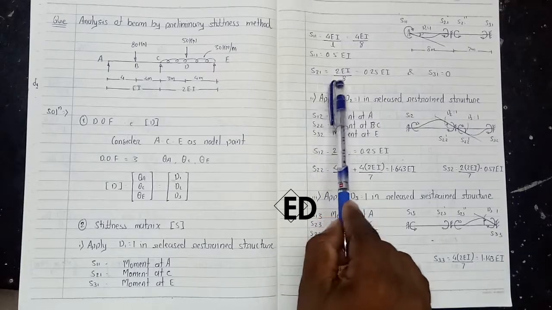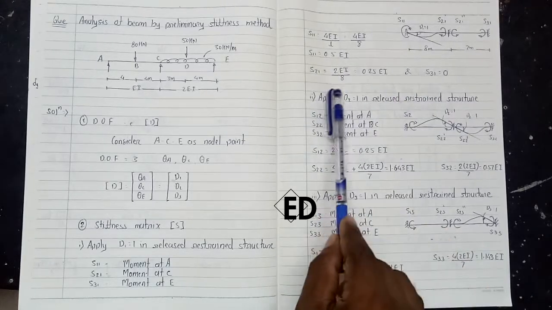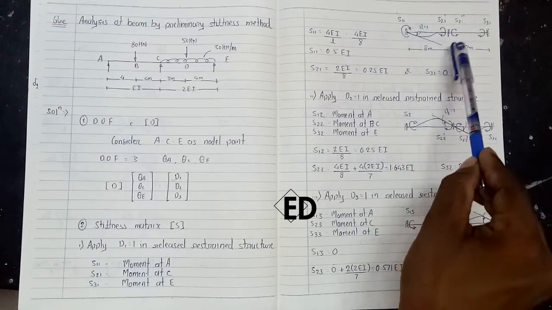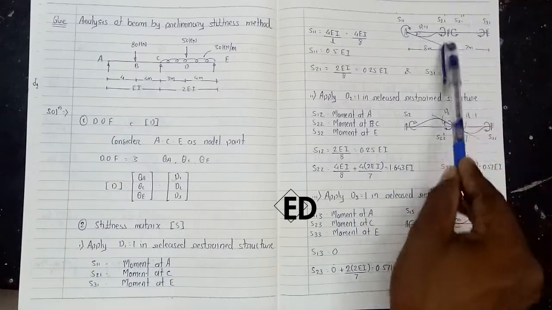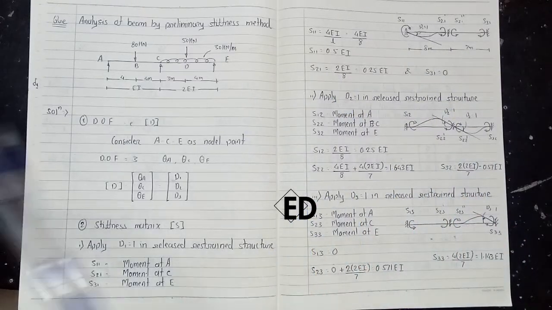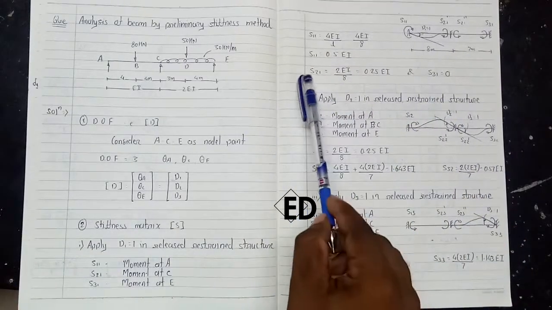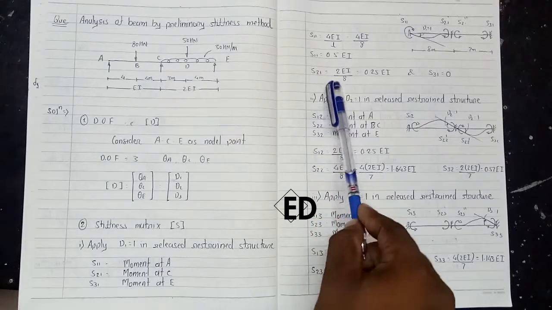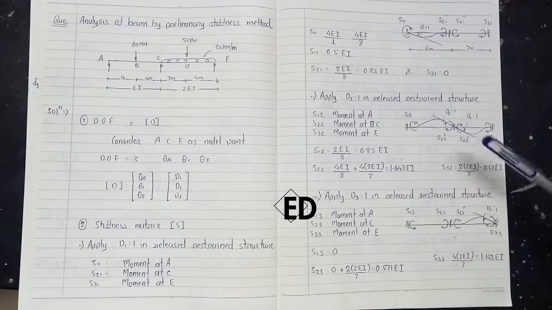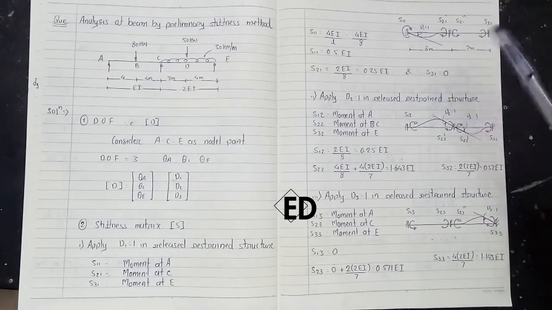S21 is 2EI by L, which is 0.25 EI. For C to E, no deflection is acting, that's why the stiffness is 0, so S31 is 0.